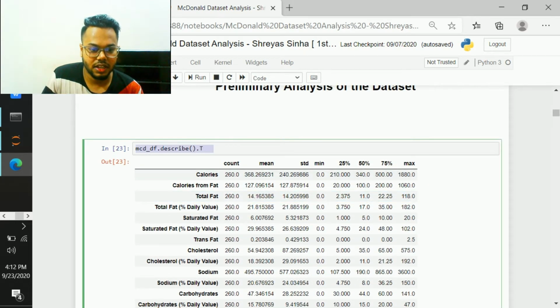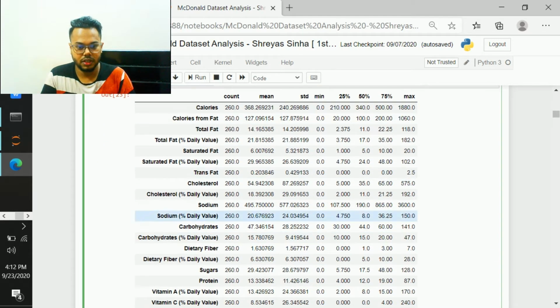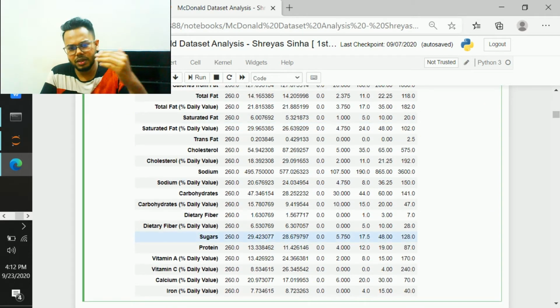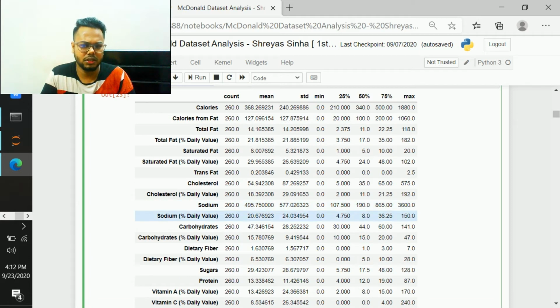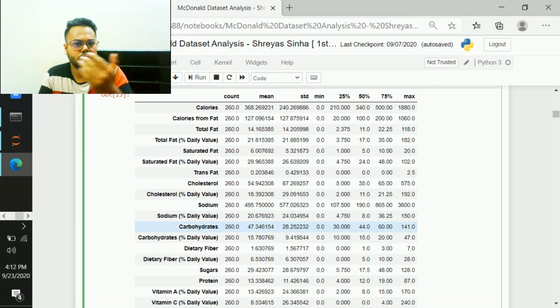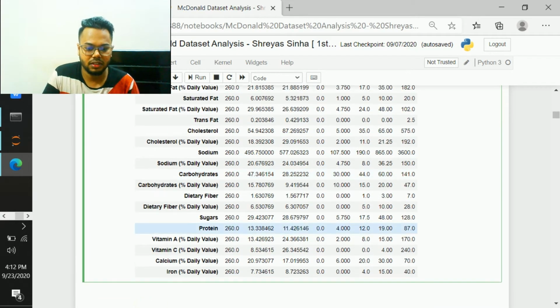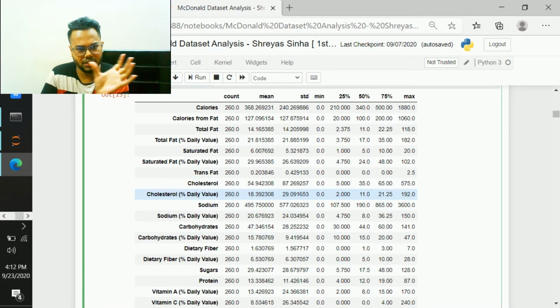The describe function has been used. One of the primary things that we understand from the describe function is the mean value and the max value, and we try to assess the standard deviation of each category using describe.